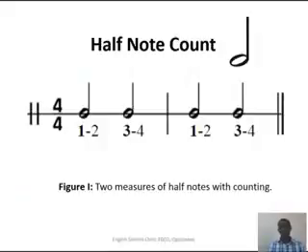What about half notes? When you want to express half notes, because a half note has a beat value of 2, considering 4/4 time signature, you have 2 beats for each half note. So in that case, you have 1, 2, 3, 4, 1, 2, 3, 4, 1, 2, 3.